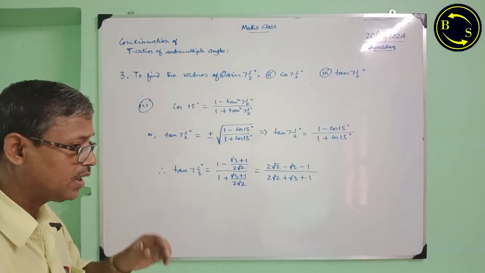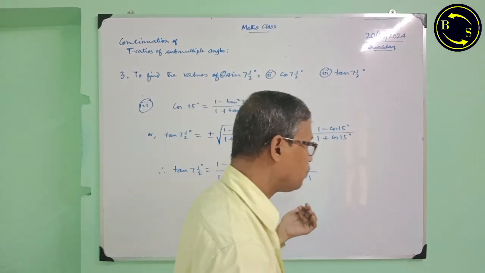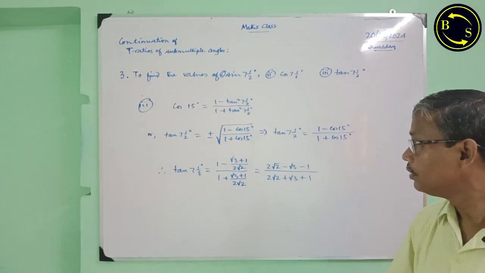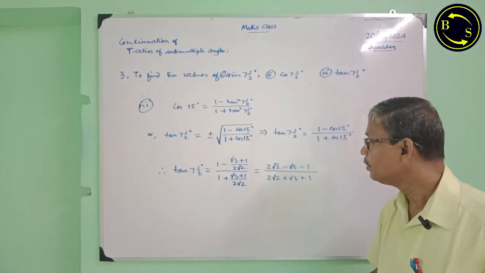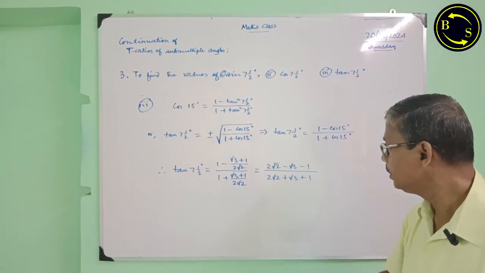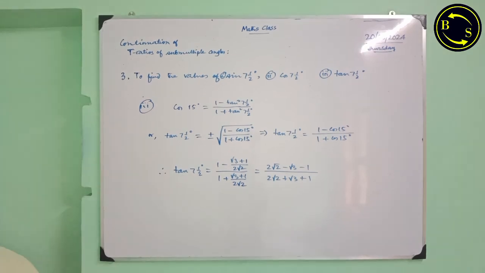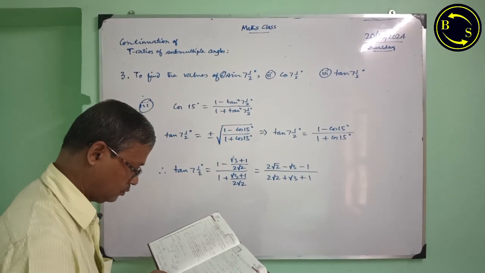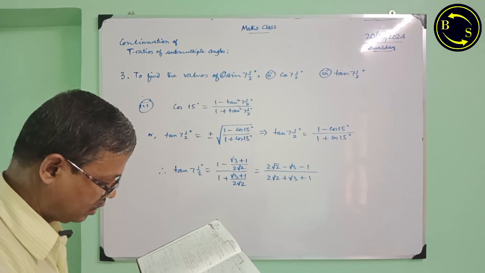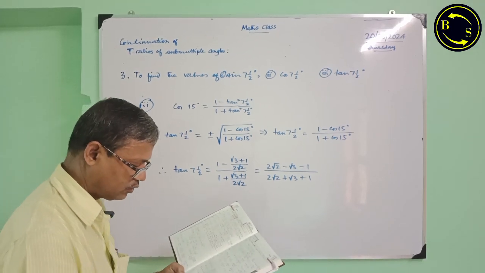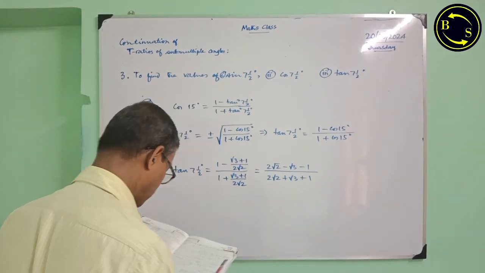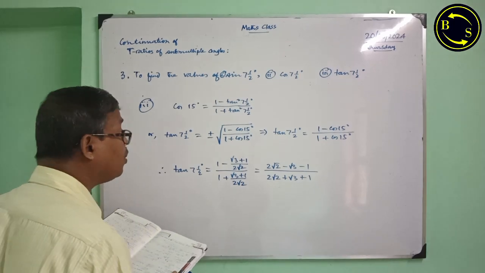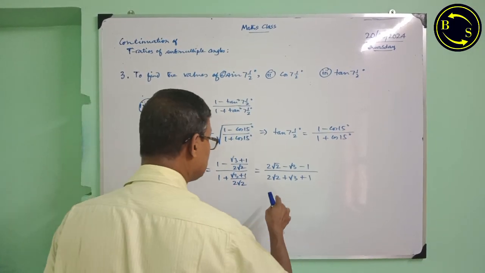Now sometimes it is required to find, or it is to be proved that tan 7.5 degree is equal to root 6 minus root 4 minus root 3 plus root 2. For that we need to rationalize the denominator.